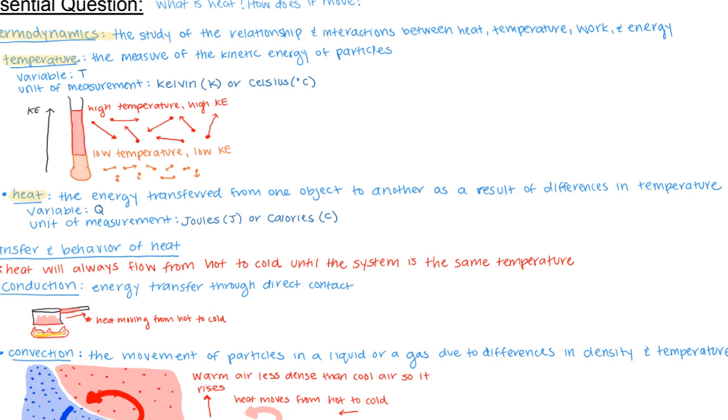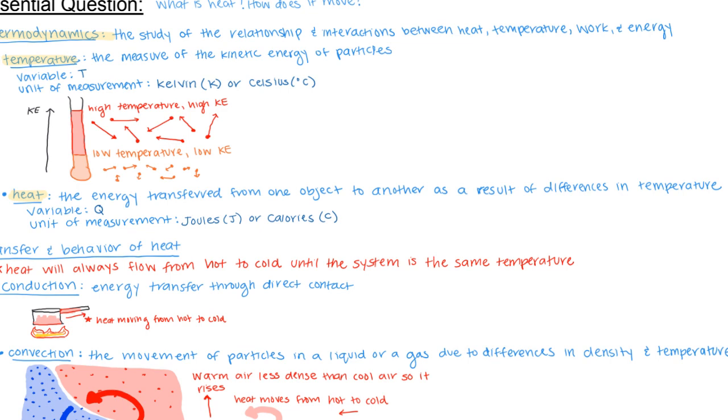It is thermal energy. Our variable for heat, when we get to our equations, is a capital letter Q. So please remember, this is a capital letter Q, not our lowercase q, which we use as our variable for electric charge.